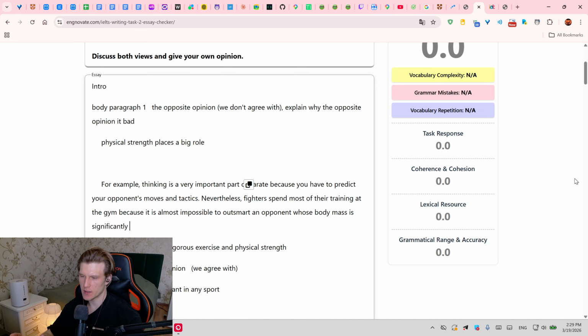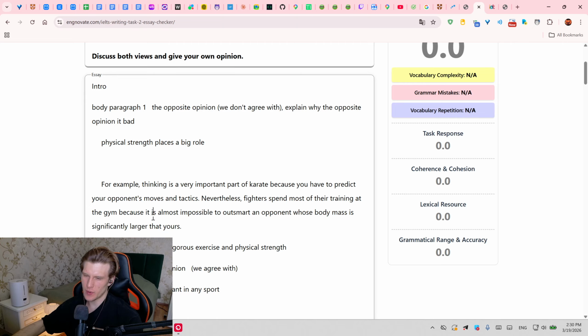Body mass. We've got a lot of mass. Whose body mass is significantly larger. Whose muscular mass, whose body mass is significant.